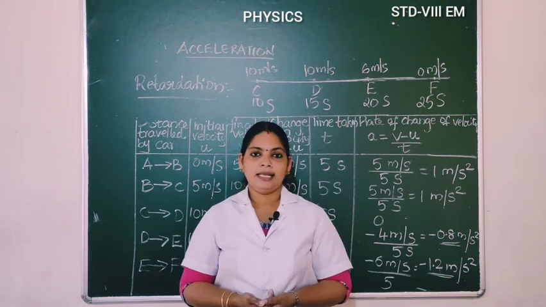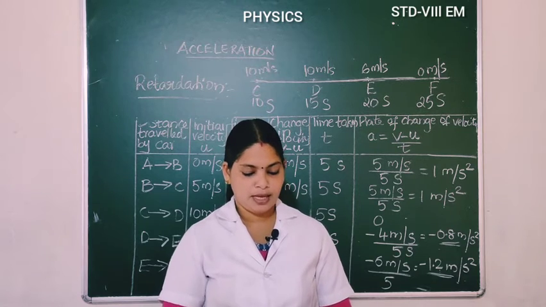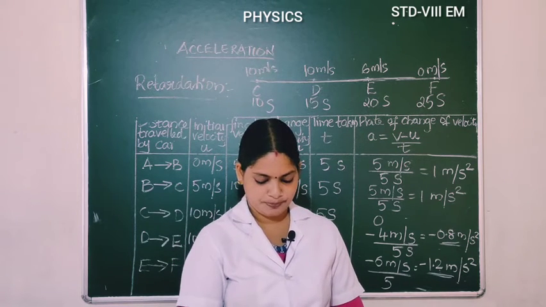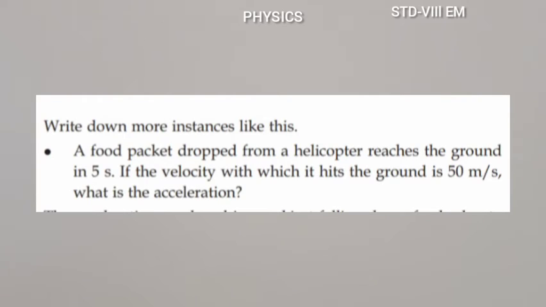Next, let us do a problem to calculate acceleration. I am going to read the question. A food packet dropped from a helicopter reaches the ground in 5 seconds. If the velocity with which it hits the ground is 50 meter per second, what is the acceleration?